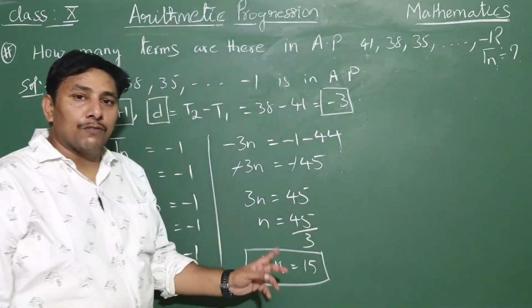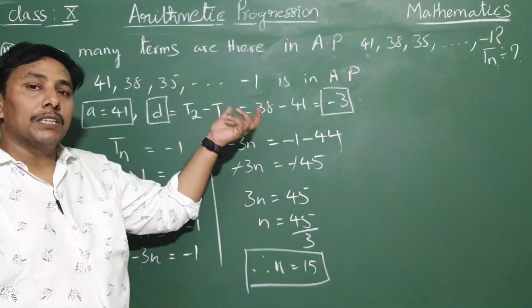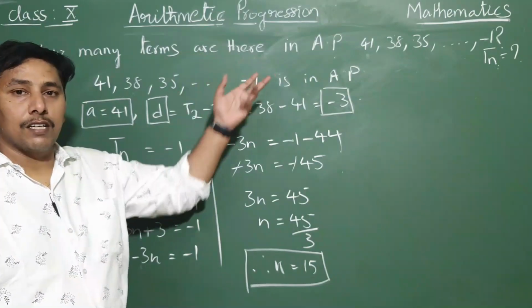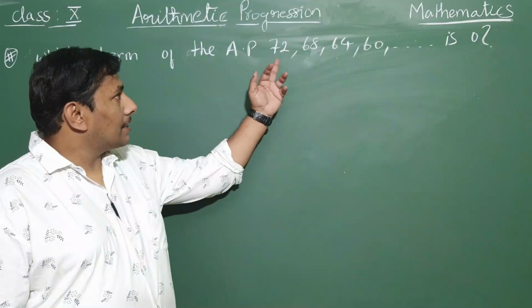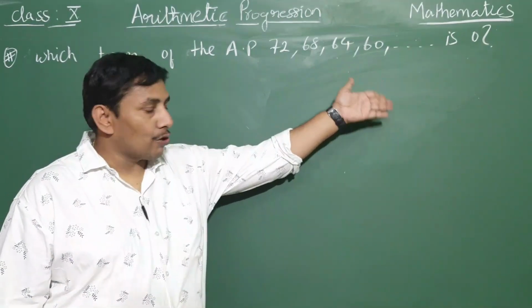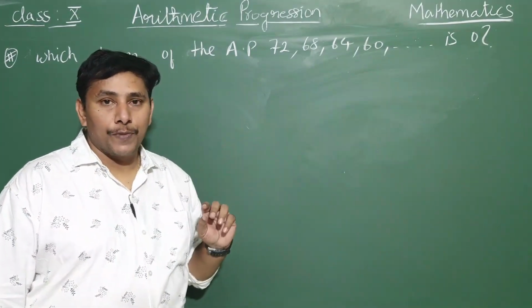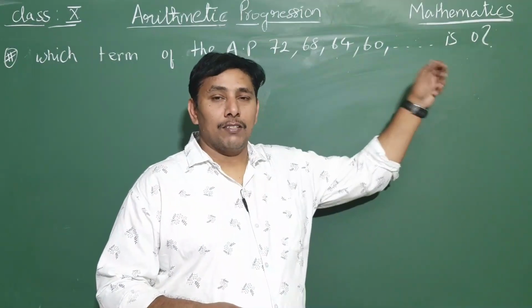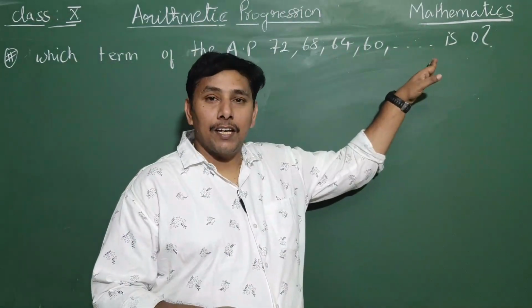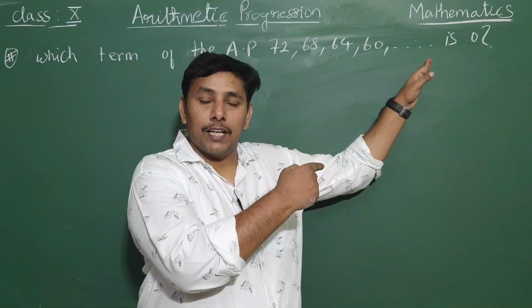So this is the way you can find out how many terms are there in a given sequence. Okay? Next: which term of the AP 72, 68, 64, 60 and so on is 0? In the previous problem he asked how many terms are there in the AP in total.